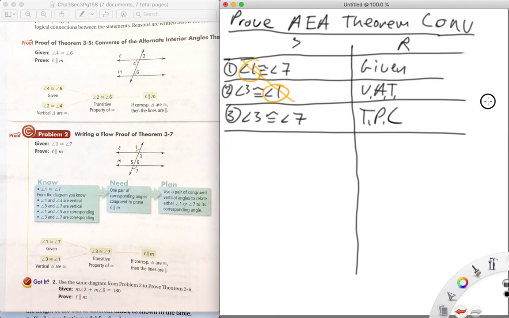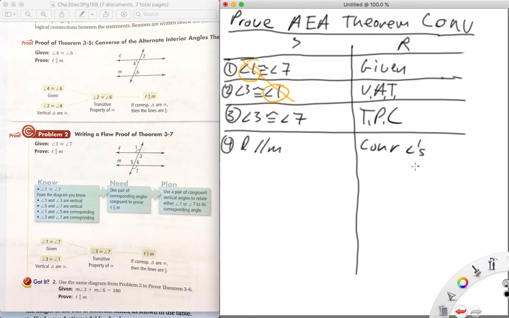And since they are congruent and in corresponding positions, bottom right, then I can say that line L is parallel to line M because they are corresponding angles.